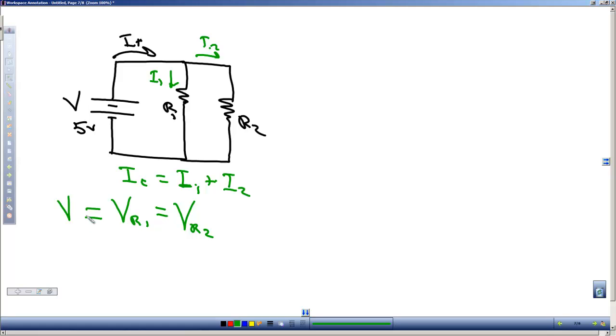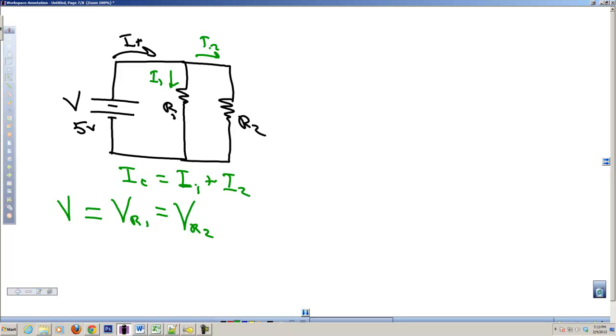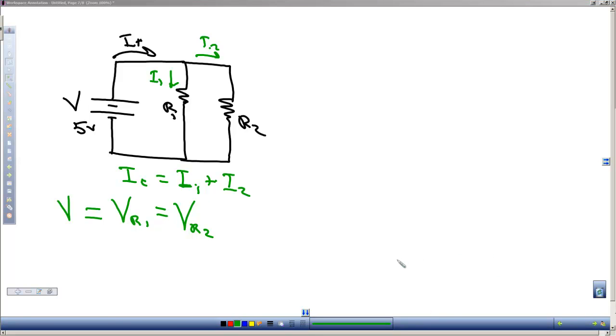Now, we can calculate the current through each of those branches. So if you remember our calculations, we had that voltage equals current times resistance, but we're trying to find the current, so we know that the current I is equal to the voltage over the resistance.